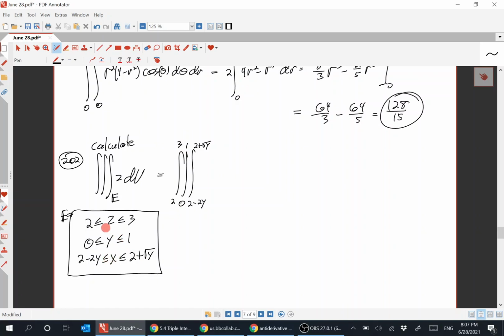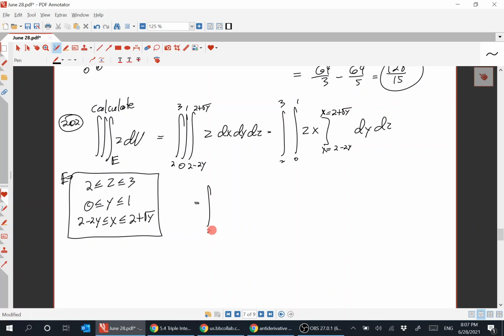Going from bottom to top. z dx dy dz. The antiderivative with regard to x is just zx from x equals 2 minus 2y to x equals 2 plus square root y. So it's just the difference of these two times z. And then I've got dy dz.